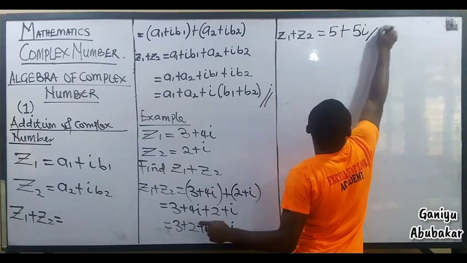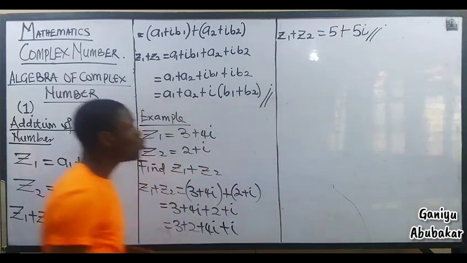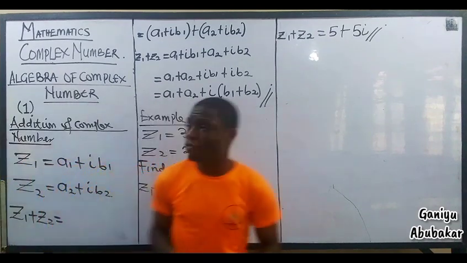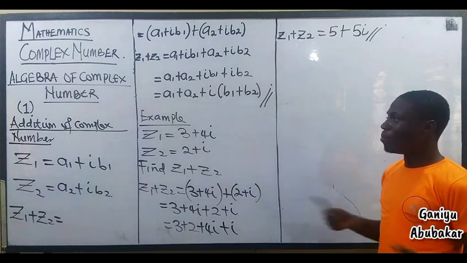So z1 plus z2 is 5 plus 5i. This is how to add two complex numbers, the concept of addition of complex numbers.